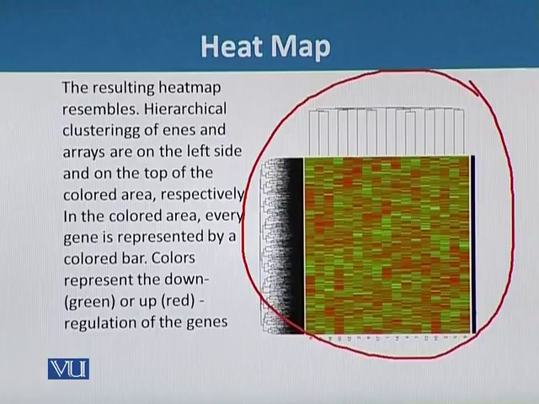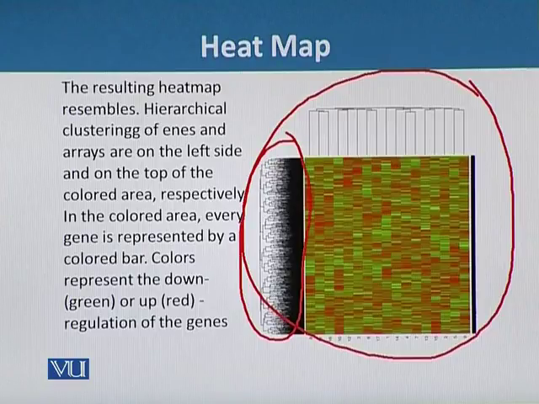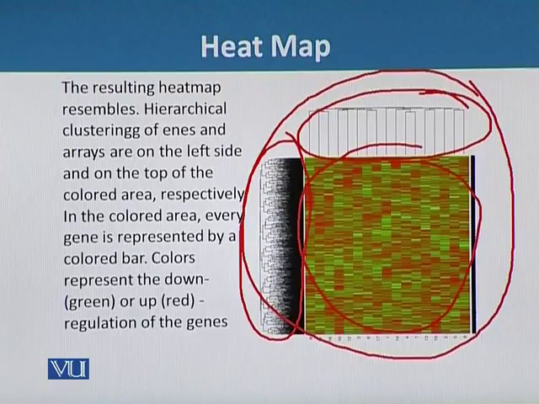The hierarchical clustering of the genes is on the left side, and the hierarchical clustering of the arrays is on the top of the colored area. In the colored area, in the middle, every gene is represented by a color bar. We can see different green and red bars.